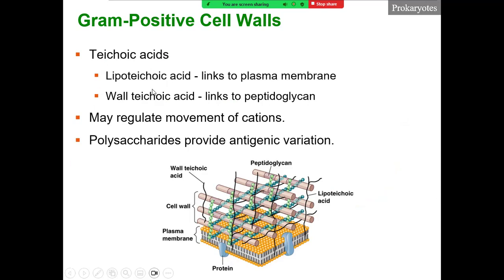But teichoic acid is not needed for the cation to move into the cell because a cation can move through anything that's water soluble. And the cell wall of the gram-positive cell wall is water soluble, meaning any molecule which is dissolved in water will go right through the cell wall.